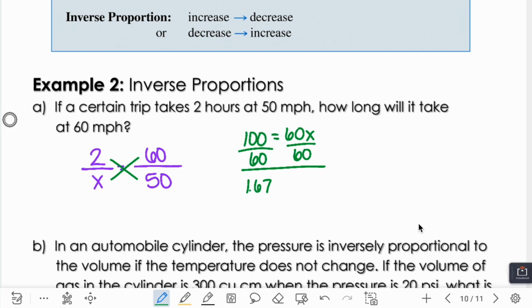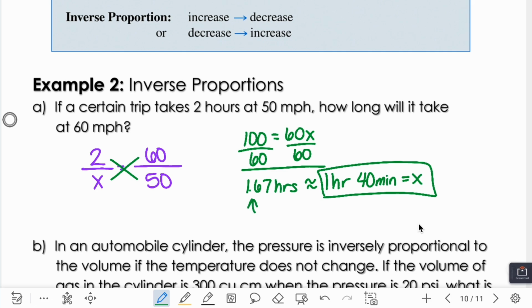And this is in hours. I rounded because it's 1.6 repeating. That means this is actually 1 hour, and then 2/3 of an hour would be 40 minutes. So once again, as a fraction, this is 1 2/3. Okay, next.